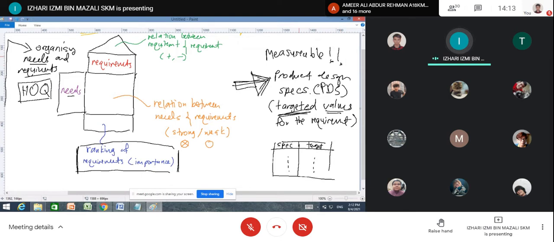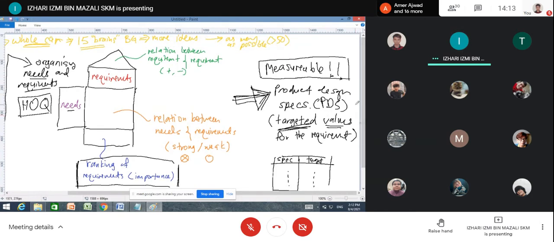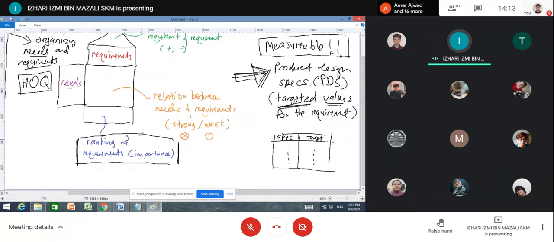This is very important because later on, once you have completed the design, you can measure it to see whether your design is good enough or not good enough. How good is good, how bad is bad.